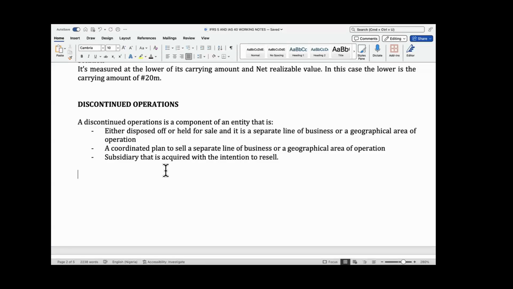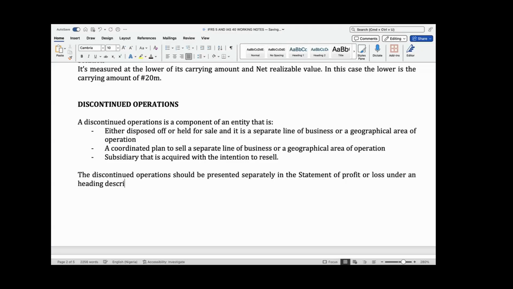Okay. So, when you have discontinued operations, majorly, you are expected to present the discontinued operations separately in the statement of profit or loss under a heading described as discontinued operations.